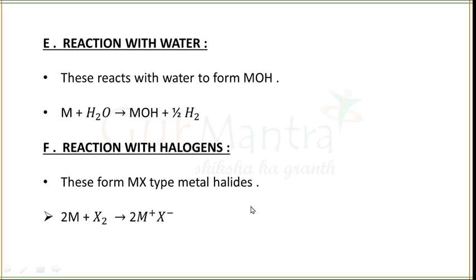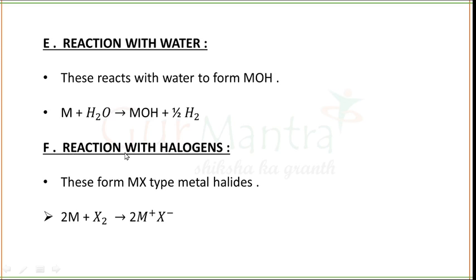Next, reaction with water. Group 1 elements react with water to form MOH type compound. When a metal of group 1 is reacted with H2O, the forming species will be MOH type and half H2 gas will be released. Next, reaction with halogen.